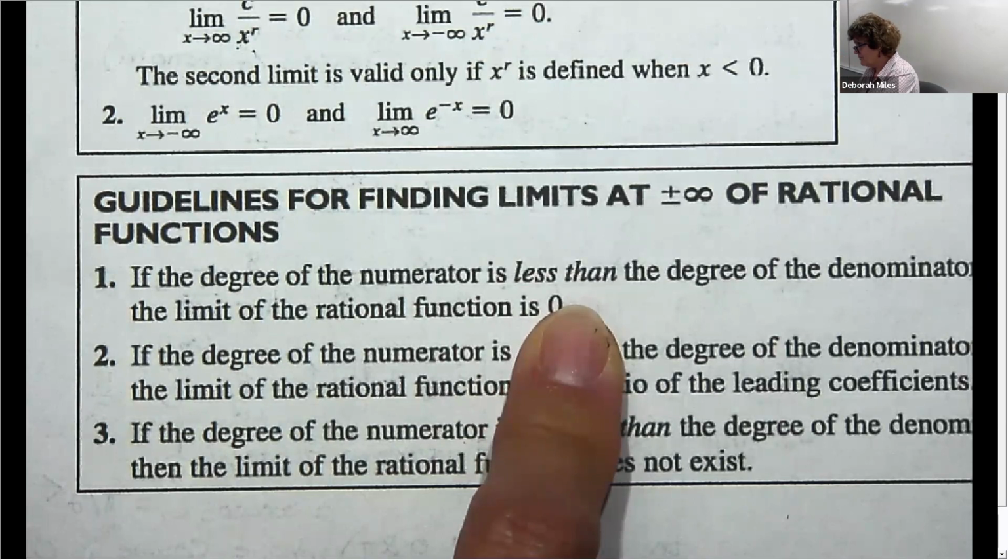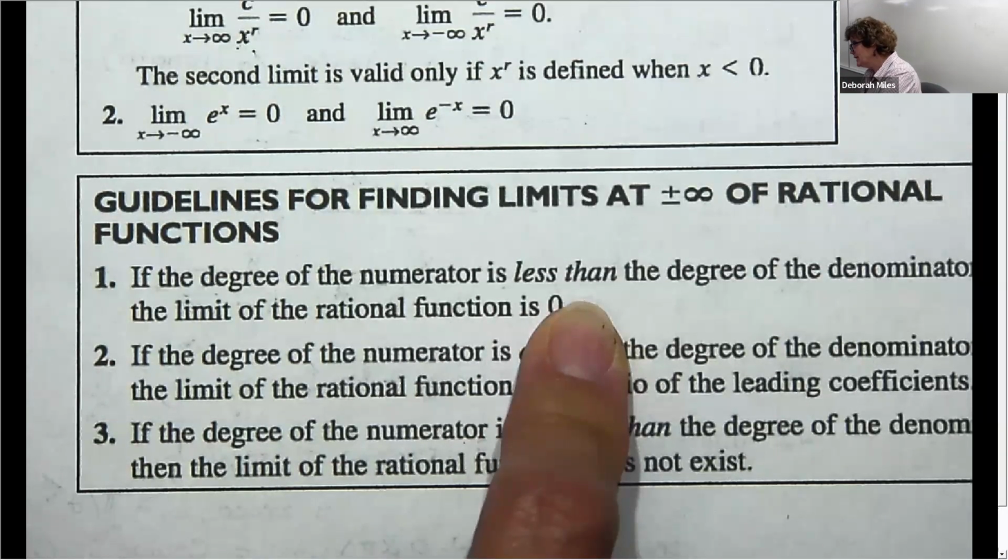The denominator is getting big faster. What is the value of a fraction if its denominator is getting big a lot faster than the numerator is getting big? Darn close to 0.